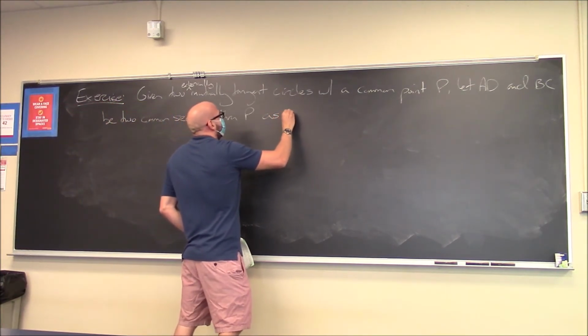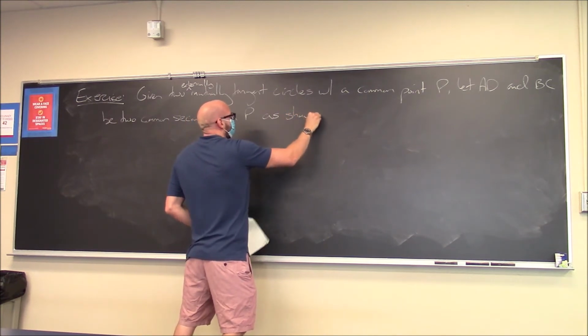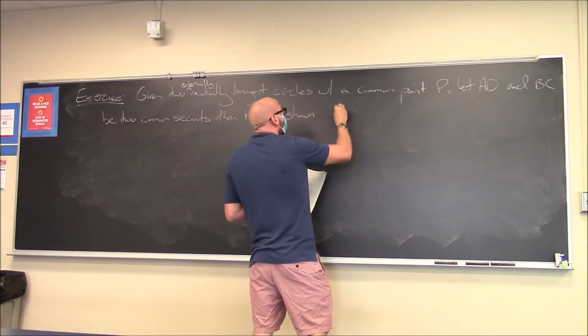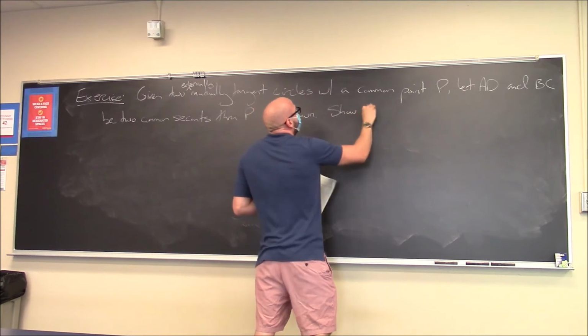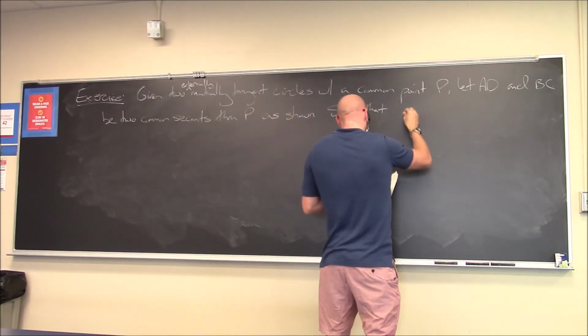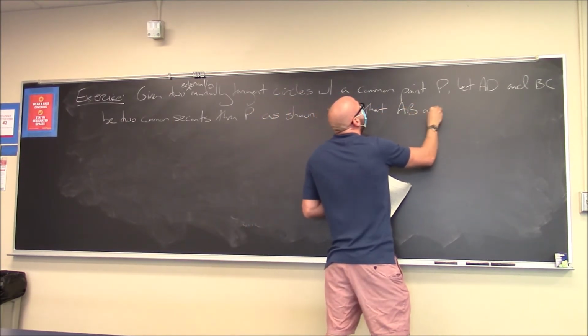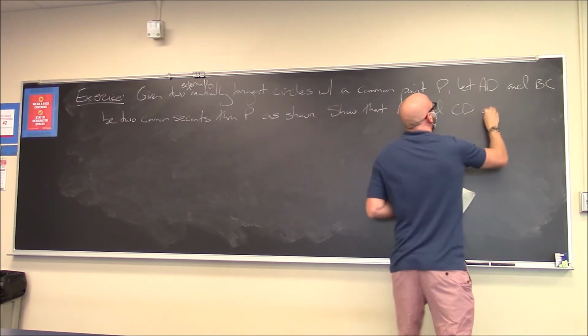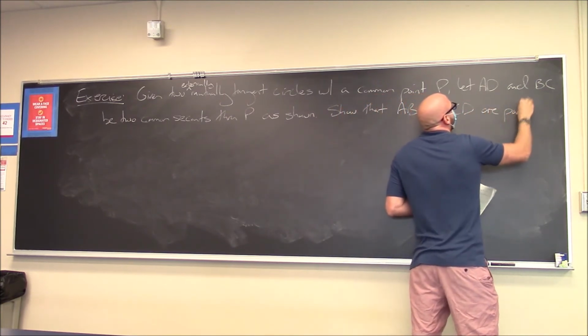So passing through P as shown. So I'll draw a picture in a second. Show that AB and CD are parallel.